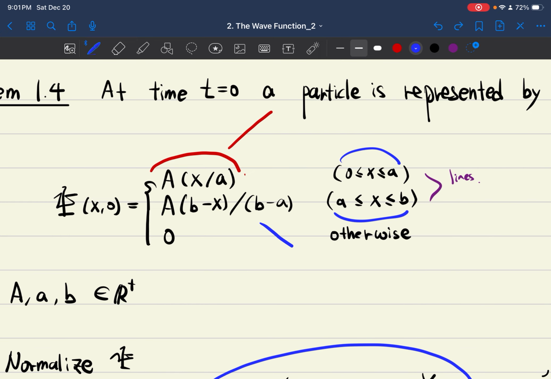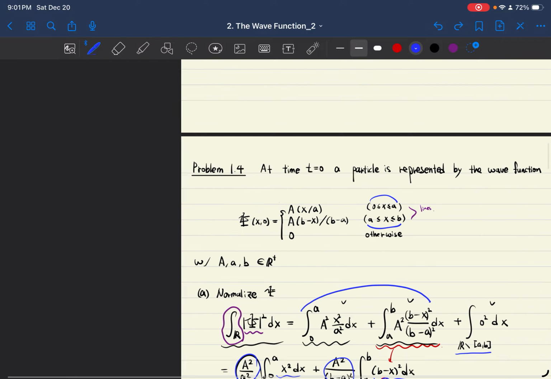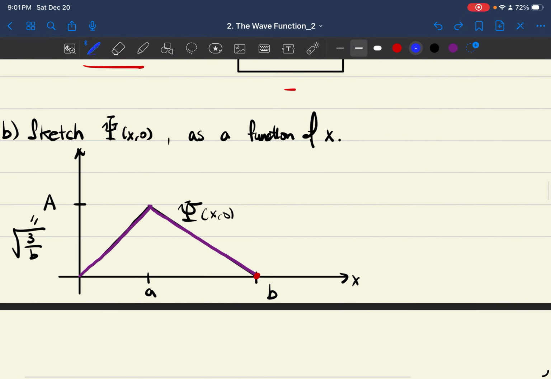And at the boundary, if you plug a into both sides, you get exactly the same value, right? So this is a continuous function. So intuitively, a positive slope line, continuous, and a negative slope line like this. So the result is very simple like this.